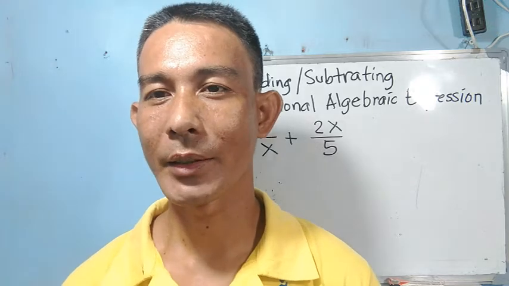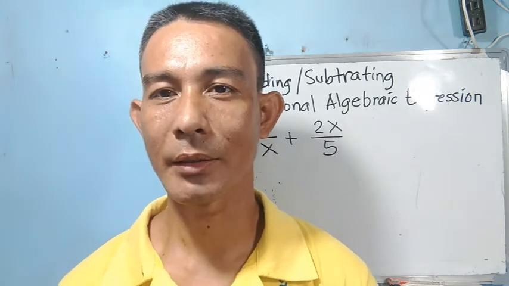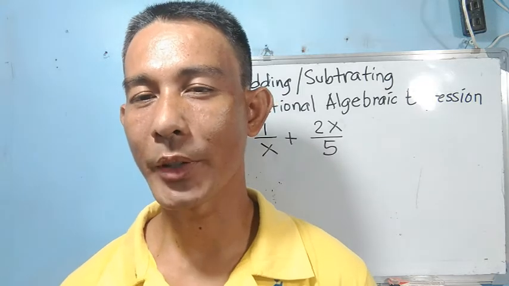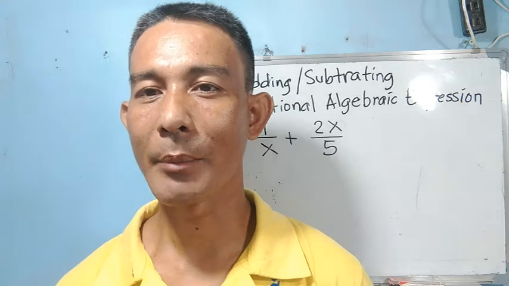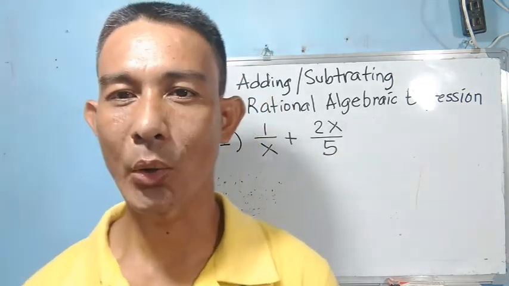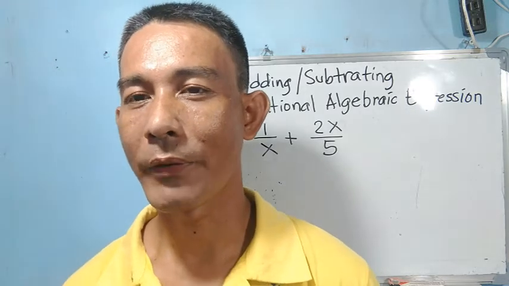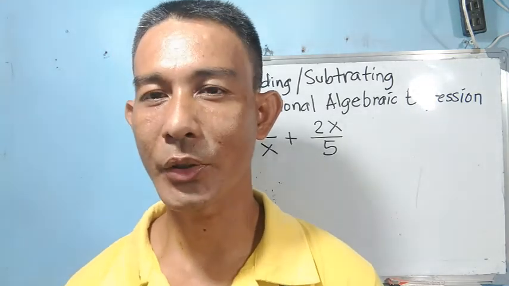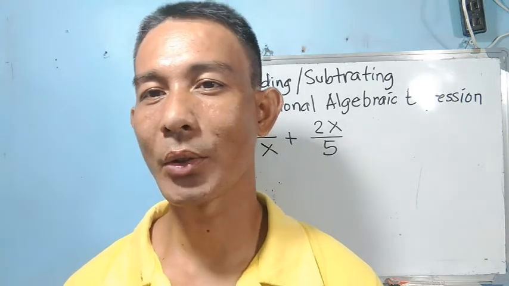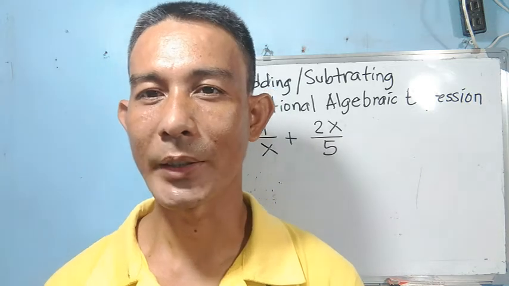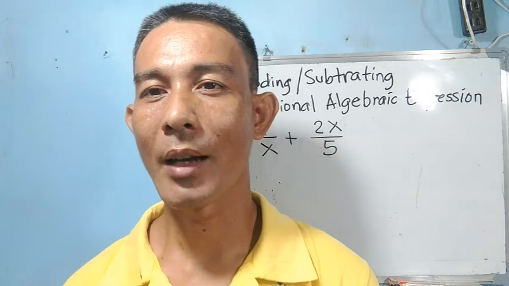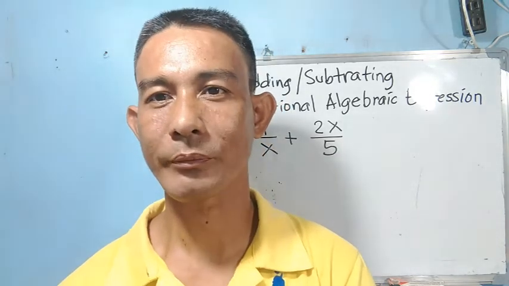If two or more expressions are separated by an equal sign, then it is called an equation. So that algebraic equation is called a rational algebraic equation.